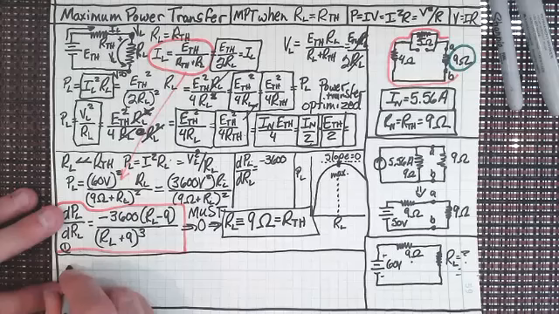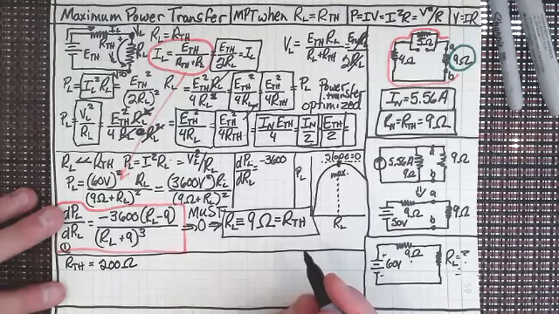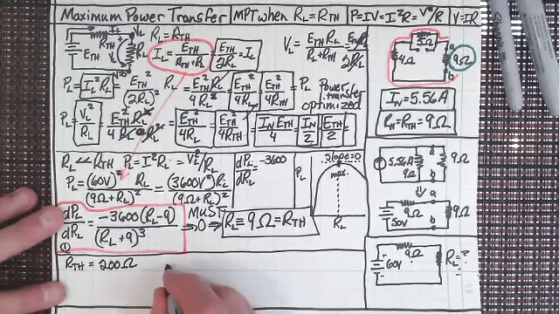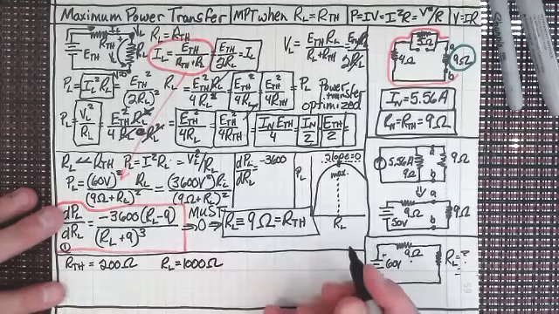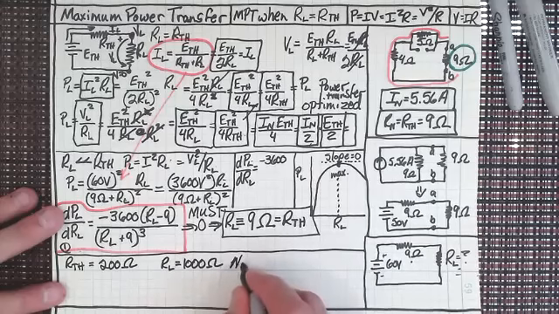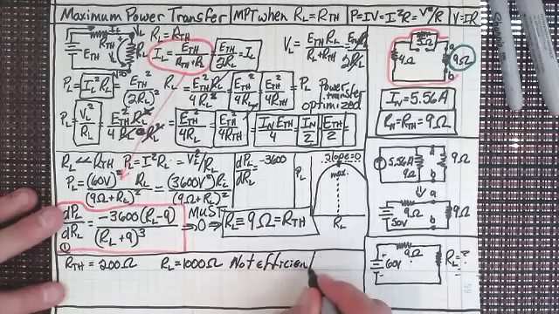Let's say that you figure out that the Thevenin resistance equals 200 ohms. Well, I'll tell you, if you put something in there where R sub L equals 1,000 ohms, not efficient, not optimized.